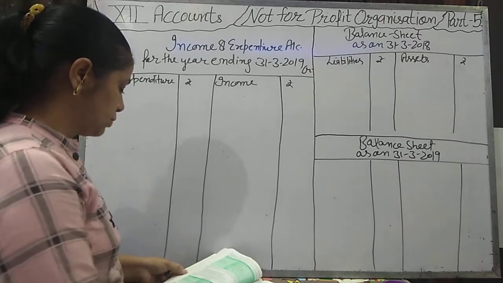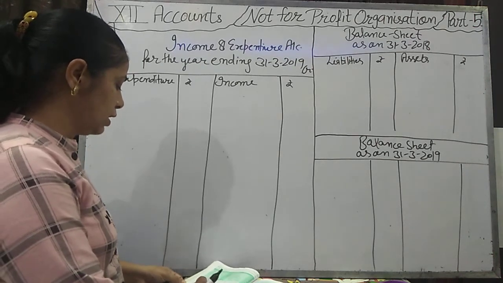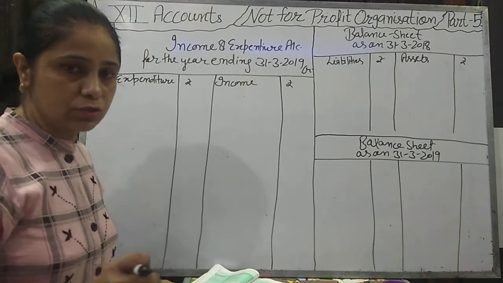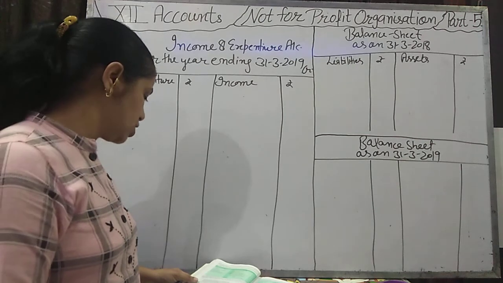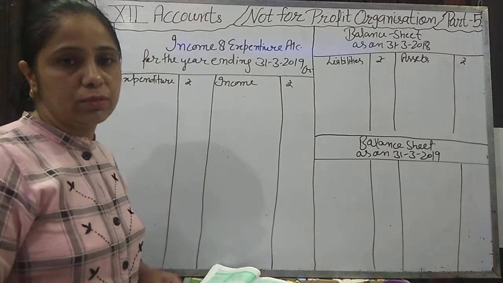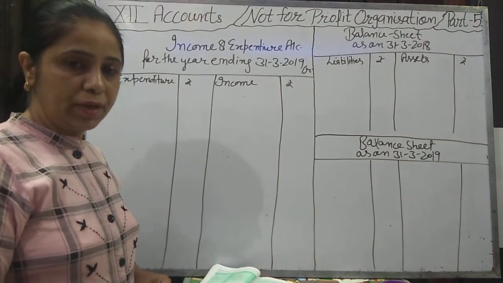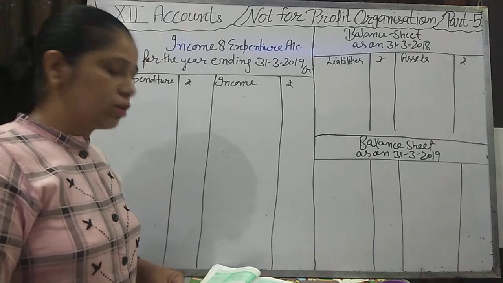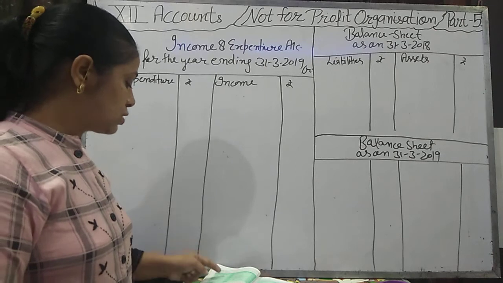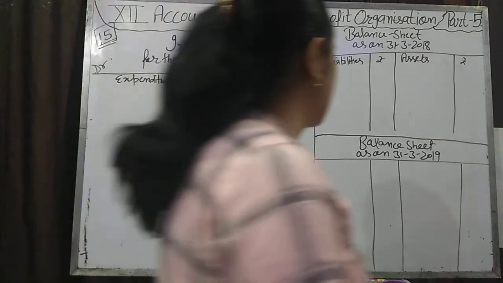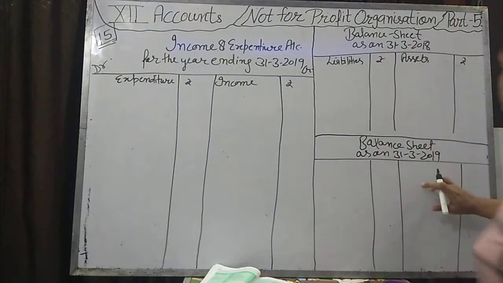In the receipt and payment account, first of all, the balance of cash and current account with bank is given. Opening balance is given to you and closing balance is also given to you. You should write the opening balance in the opening balance sheet and the closing balance in the closing balance sheet.